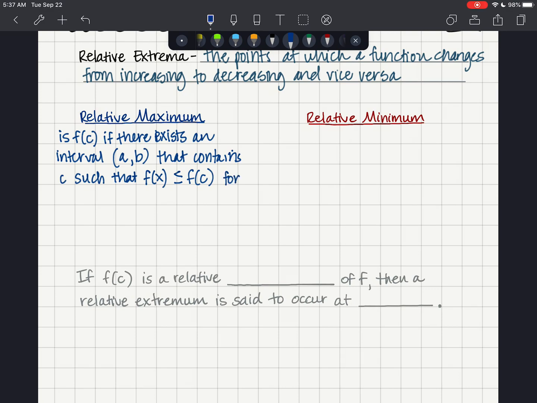If all the other points are below, that would make f of c a maximum. And that would be for all the x's that are contained in the interval a to b.